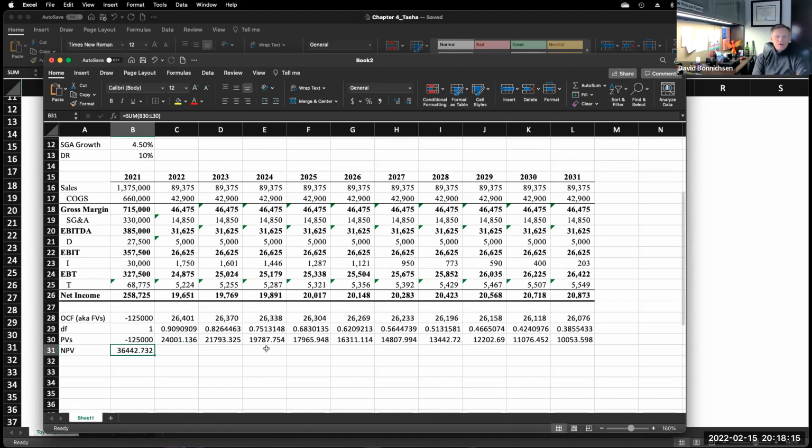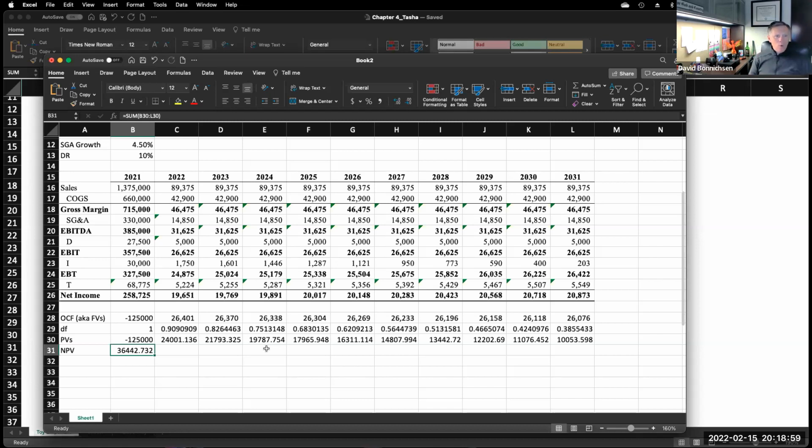Okay, so do we do this project or not? Yeah. And if we do it, why do we do it? Why are we making that decision? Because it's going to generate $36,442 in today's money. Adding on to what you just said, it's going to deliver $36,443 of money above and beyond where we currently have that $125,000 invested within our capital structure from a debt and equity standpoint.